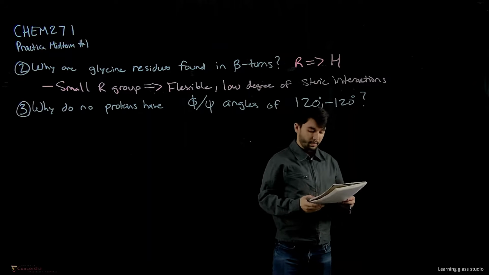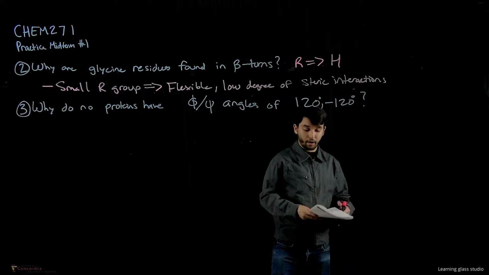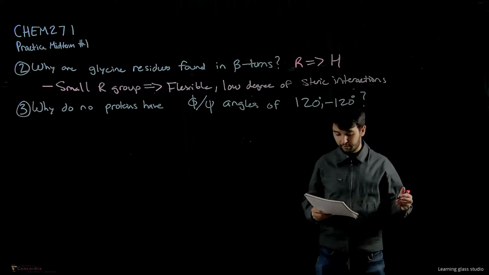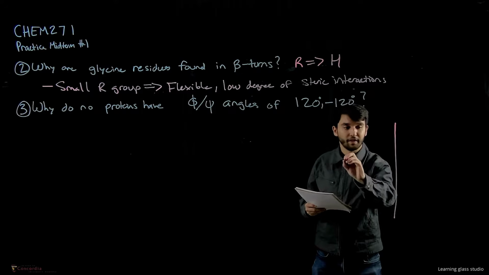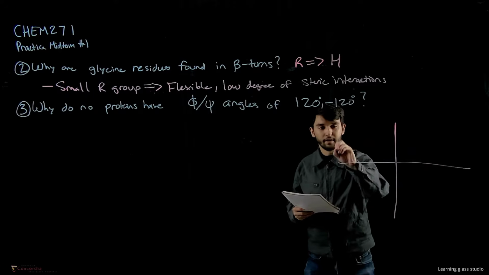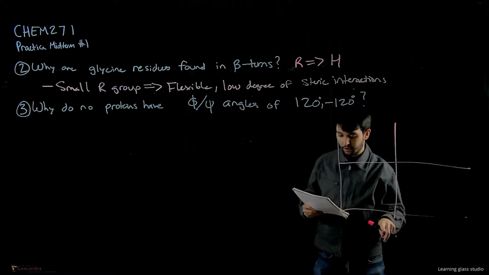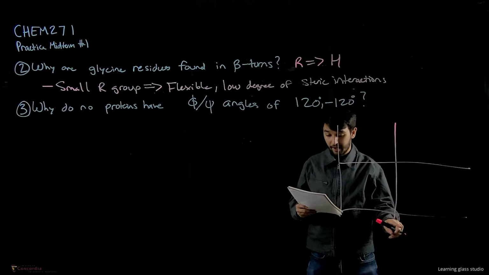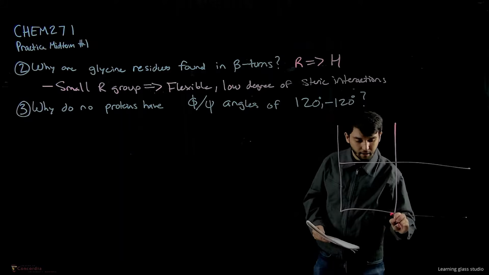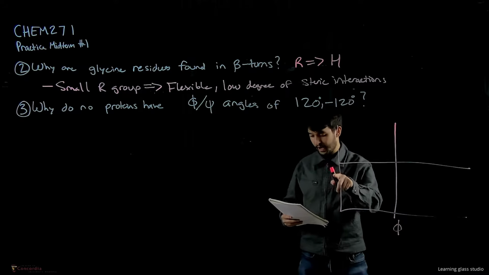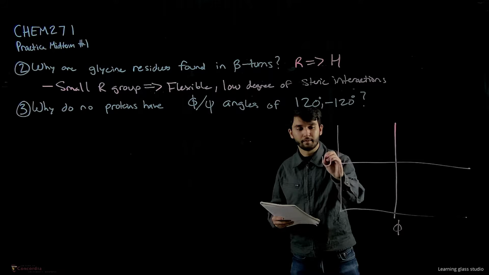All right, so the next question, question 3, why do no proteins have phi-psi angles of positive 120, negative 120? So to think about this, we can use a Ramachandran plot. So what this looks like is on the x-axis, we have the phi, and then on the y-axis, we have the psi.